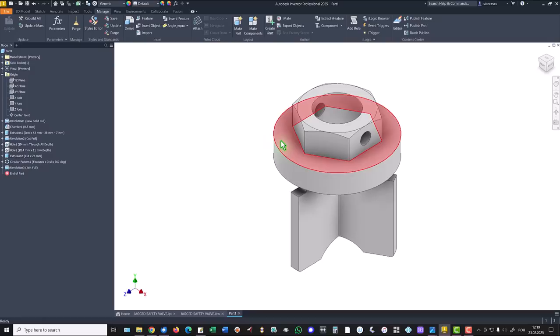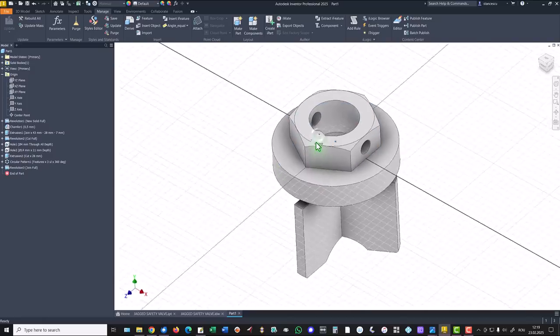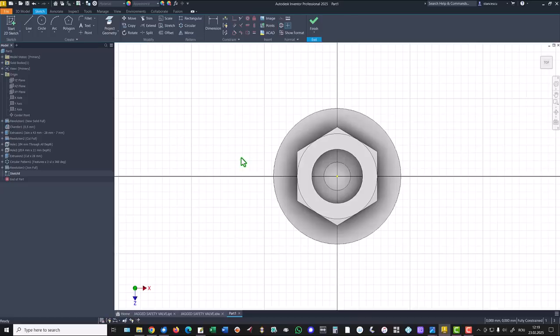Take a look here. We use this plane and we project the circle.